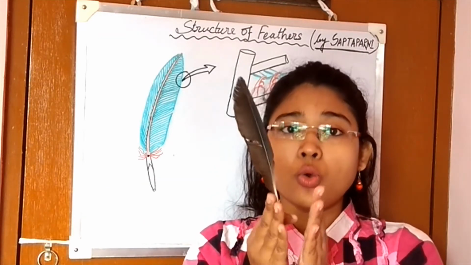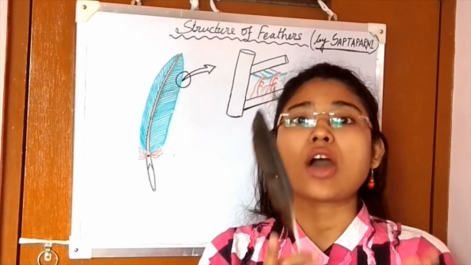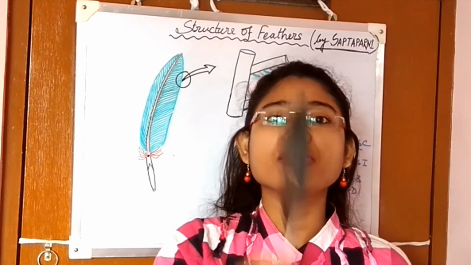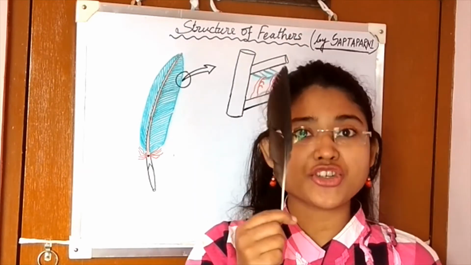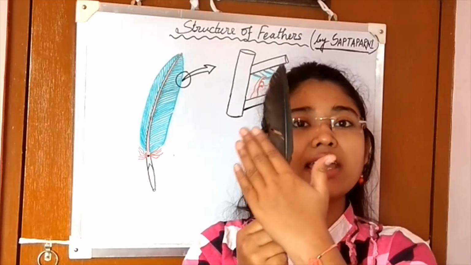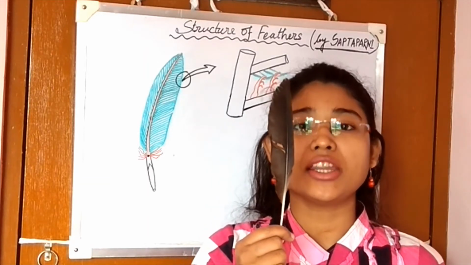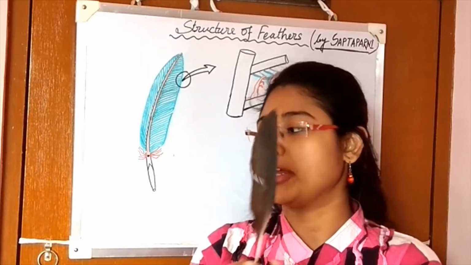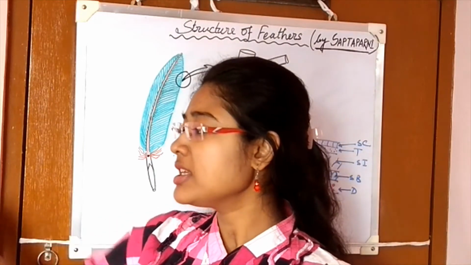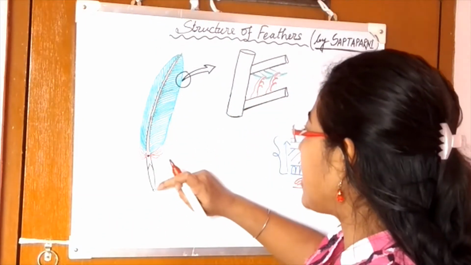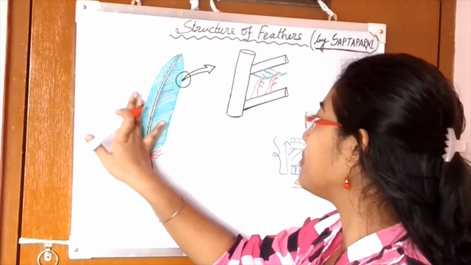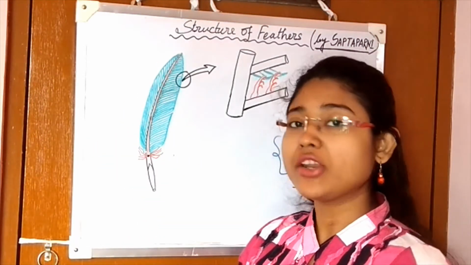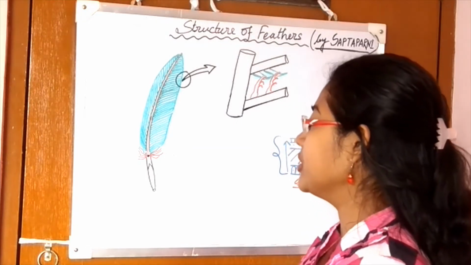So, when we are characterizing the structure of a feather, we can divide it into two parts. The stem or the central axial rod of a feather and the expanded portion or the vein or vexillum of a feather. Okay. So, see here, this black colored portion is the stem of a feather and this green colored portion is the vein or vexillum of the feather.